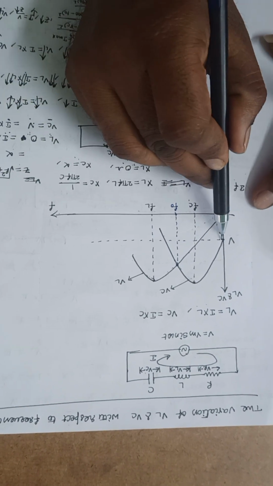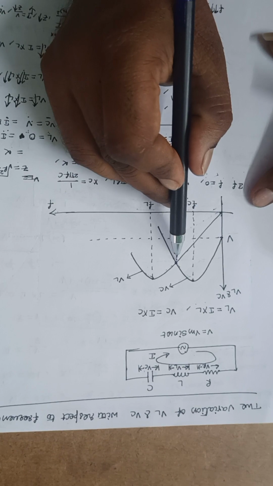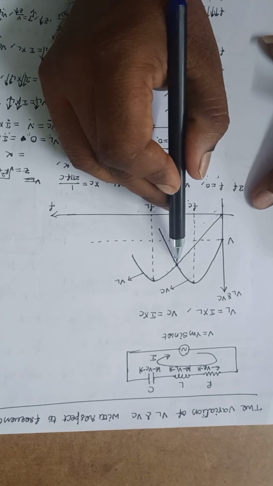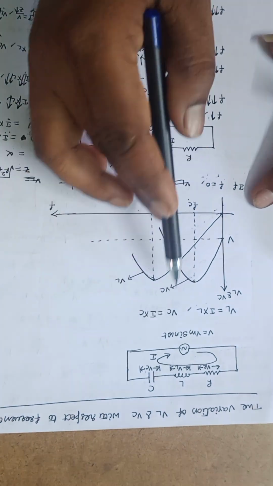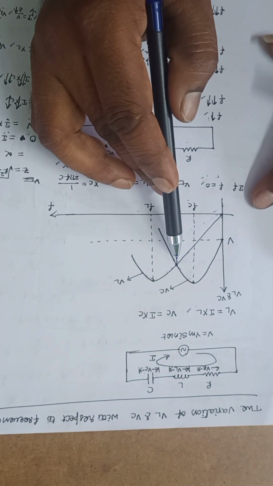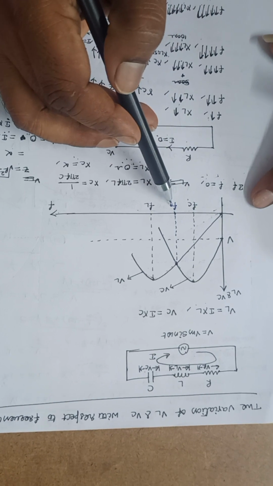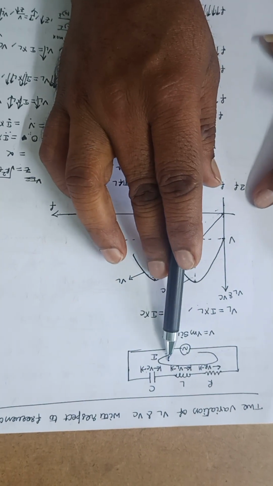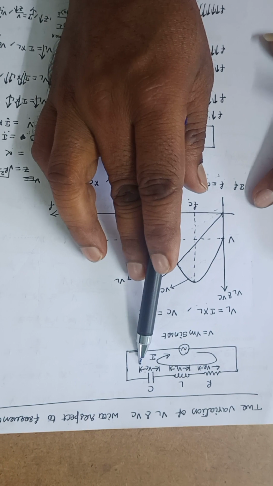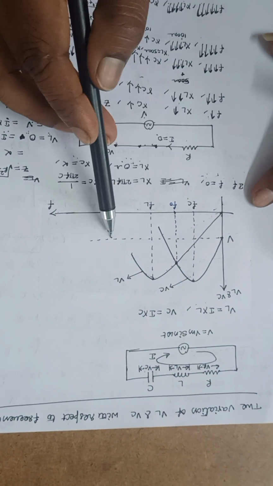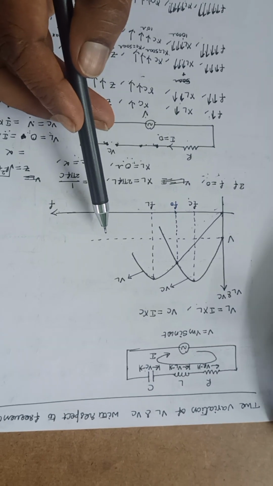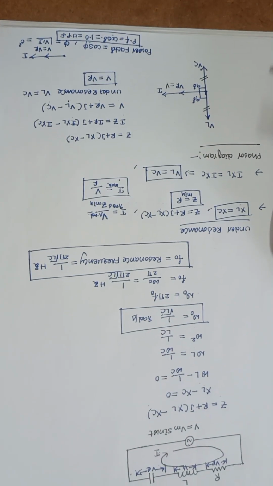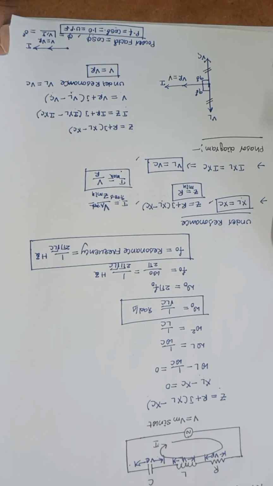And if you see this, it is the supply voltage and this is the voltage across the inductor, and voltage across the capacitor is VC. Both are equal here. What I mean to say here is under resonance frequency, the voltage across the inductor or the voltage across the capacitor both are equal and they are greater than the supply voltage. This concept is nothing but voltage magnification. So finally what I want to say here is, in this series RLC circuit, voltage magnification will exist.